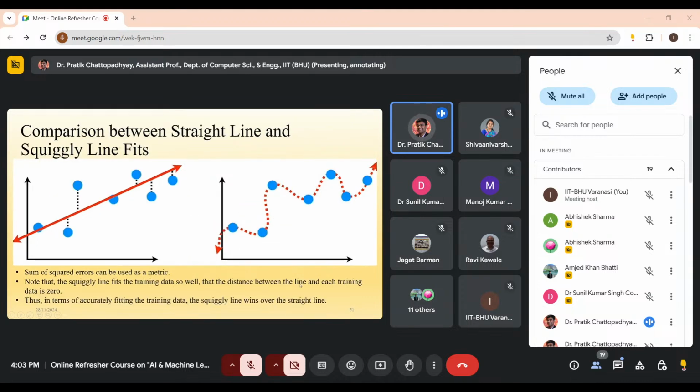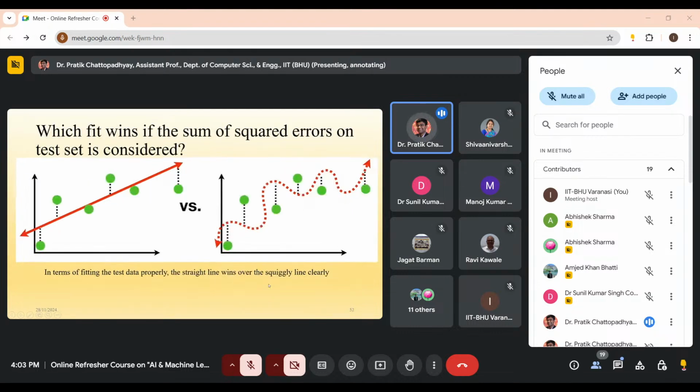It was perfectly fitting the training data, but it is making a large error on the test data. The errors are these distances. So in terms of fitting the test data properly, the straight line wins over the curved line.